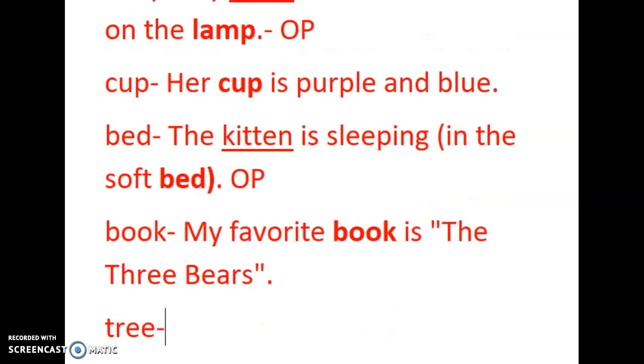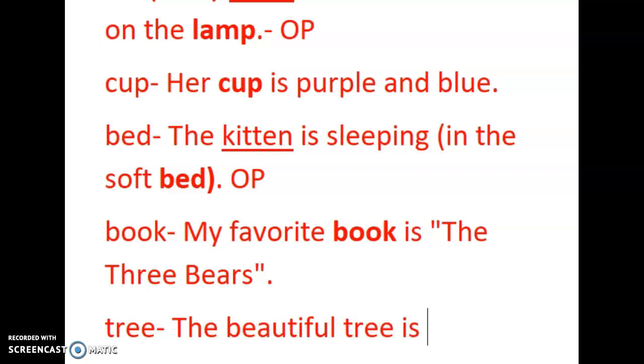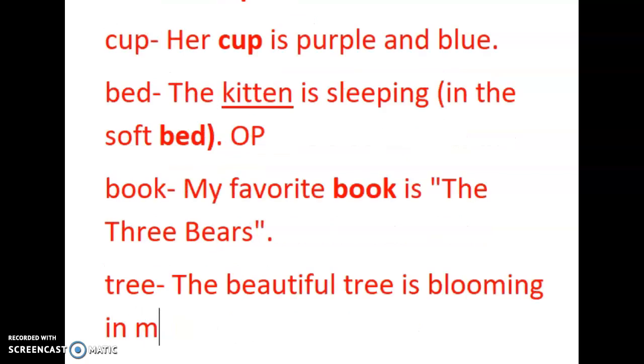Our last noun that I picked is tree. So my sentence here, the beautiful tree is blooming in my front yard. So I need to decide, is the word tree the noun for my subject noun or for my object of the preposition?